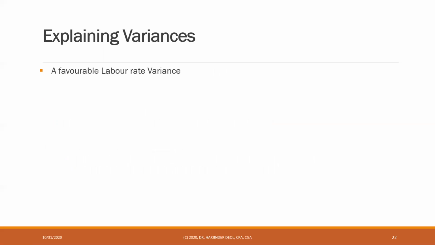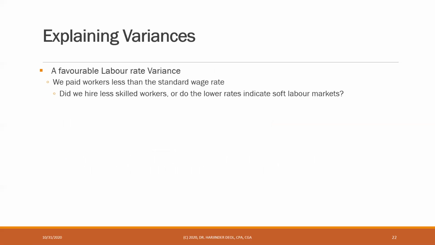For the labor rate variance, if we get a favorable labor rate variance, it simply means we paid workers less than the standard wage rate. Now, is the reason for that because we hired workers that were less skilled, or did we get a lower wage rate because the economy being softer, we were able to hire workers at a lower wage rate?